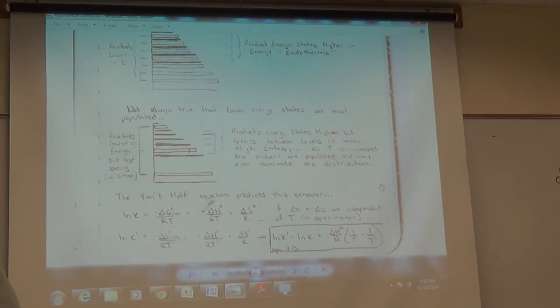This guy, you've got 1 mole of gas on this side, 1 mole of gas on that side, and so delta S is approximately, but not exactly, 0. Right? Over here on this reaction, you've got a 1/2 molecule of gas going to 1 molecule of gas. And so this guy, you've got a positive delta S, right?